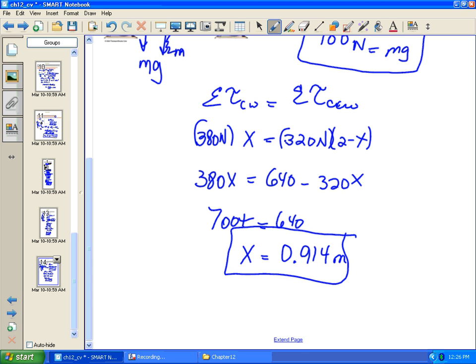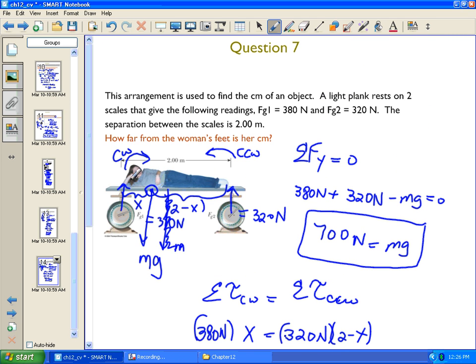And what that means is that that is the location of her center of gravity from her head. So if her height is 2 meters, less than 1 meter is her center of gravity. So her center of gravity would be just above her midsection, or midpoint, I should say.